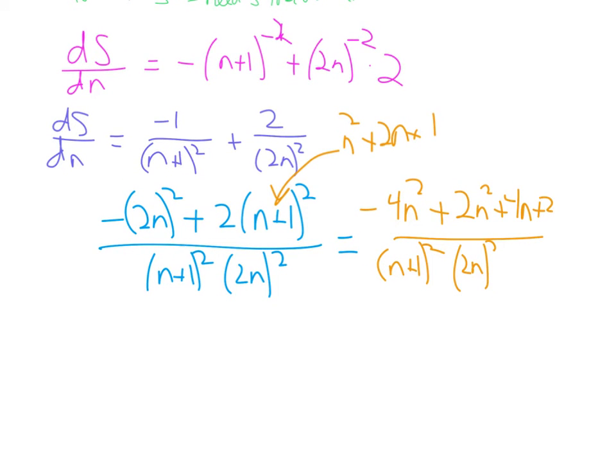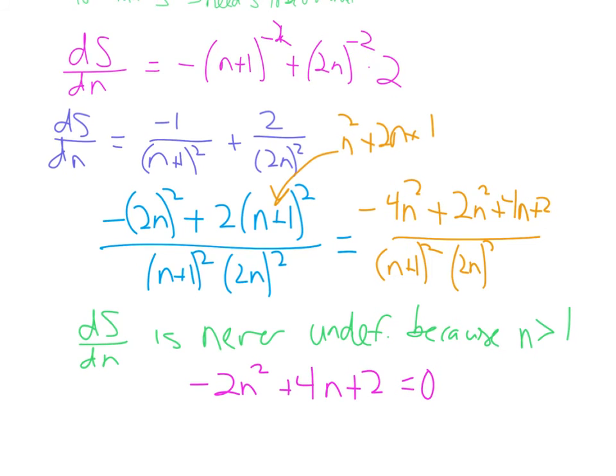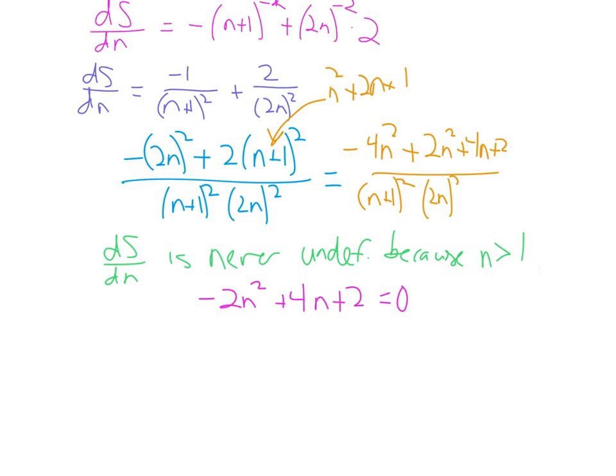So I can say ds dn is never undefined because n is greater than 1, because the bottom is 0 at -1 and at 0. So I need negative 2n squared plus 4n plus 2 to equal 0. Well, I'm going to go ahead and divide by negative 2. N squared minus 2n minus 1 equals 0.